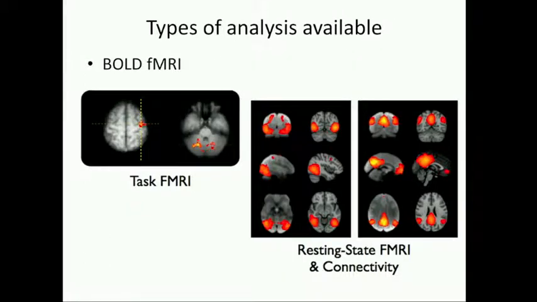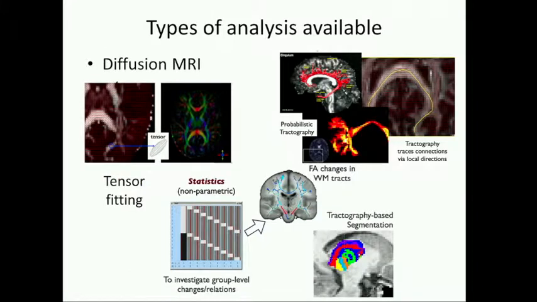With your bold fMRI, there are two main types of analysis available: task-related, where you need to input your task parameters, and resting state functional MRI and connectivity, where your subjects aren't doing anything at all, but you might be interested in the intrinsic correlations between those regions, and again, how those differ between two groups.